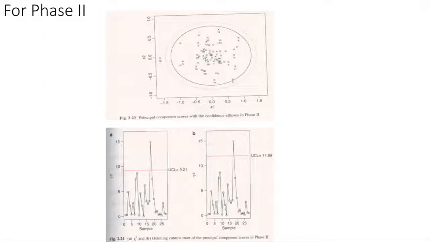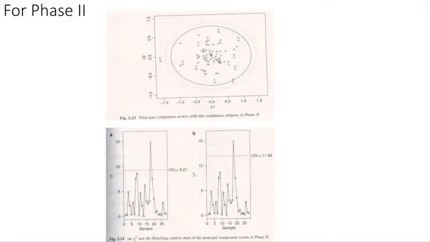But as we studied earlier, we can find this sample and exclude it from our dataset, and then calculate the t-square statistics again after excluding the value, and for all the remaining values we can come up with better charts which are in control.